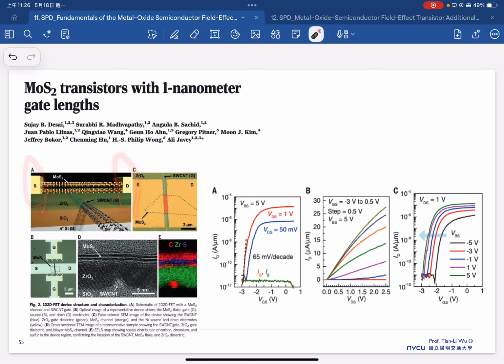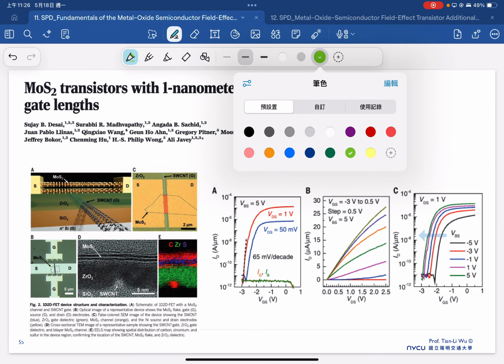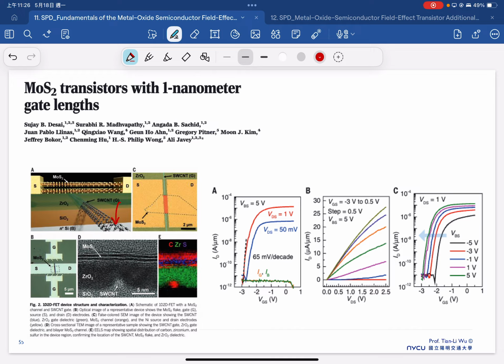This is the single-wall carbon nanotube. They put this as a gate. This is the gate. They apply the VG here, and then this is their channel length, which can be scaled down to 1 nanometer.